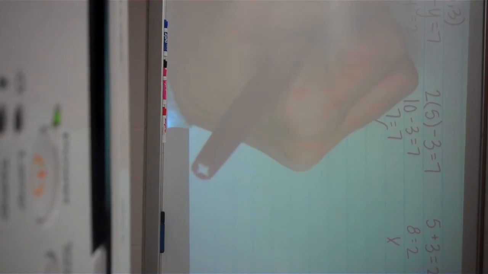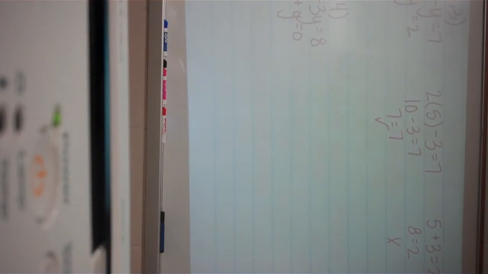Okay? Take a minute and try this one. You have the point (-1, 4), and the equations 4x plus 3y equals 8, and 3x plus y equals 0. And if you get finished with that, there's one more I would like you to try.